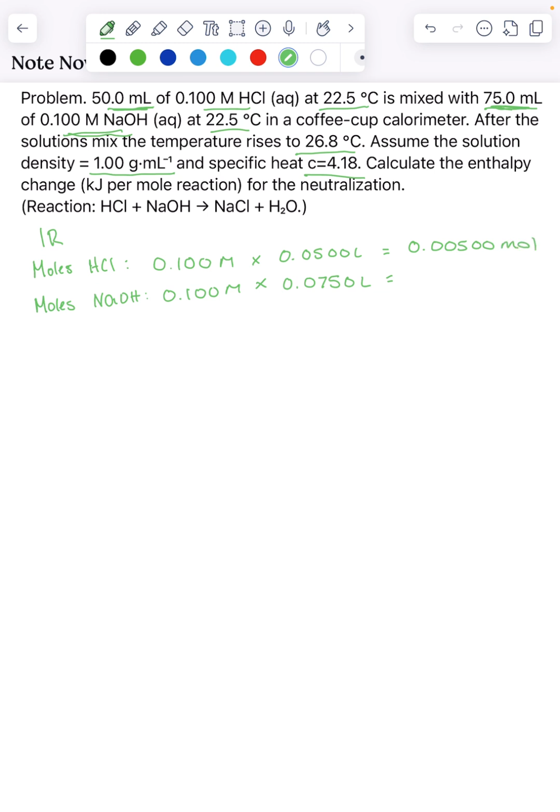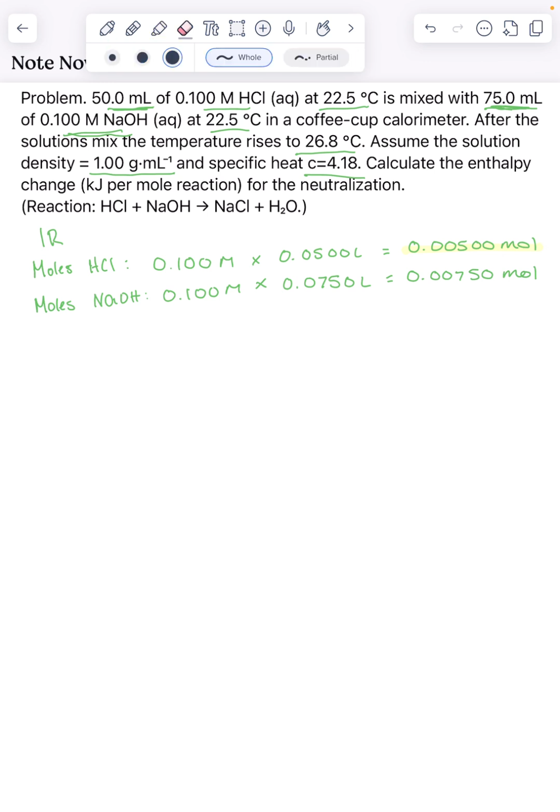And now the other one is 0.070 moles. We can see how hydrogen chloride is the limiting reagent.